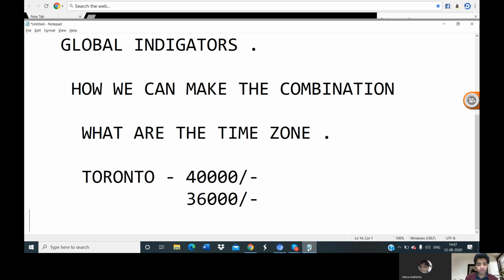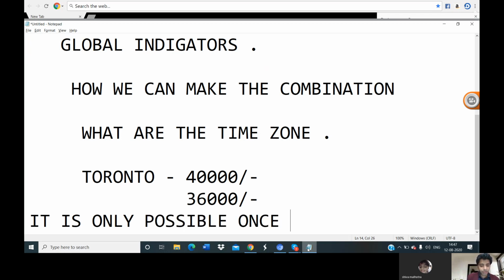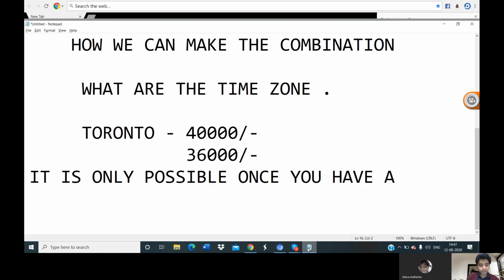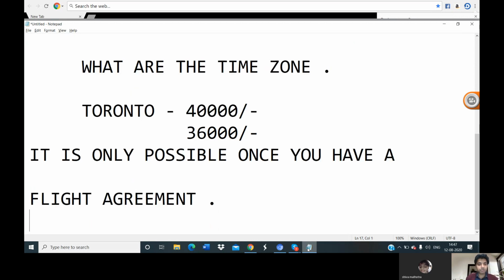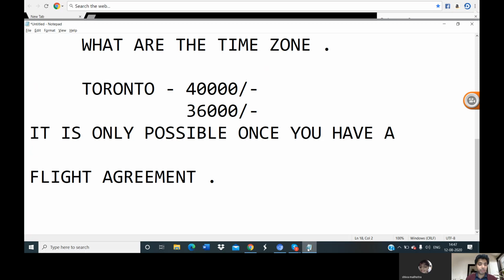How is it possible? It is only possible once you have a combination in place. Once you have a flight agreement, it is very important to understand the flight agreements.